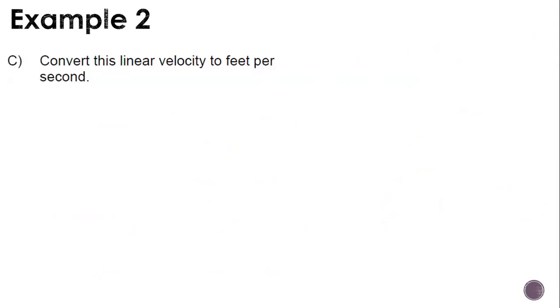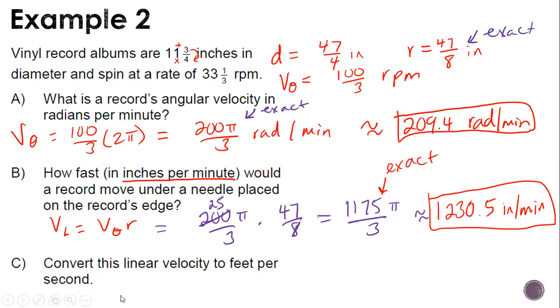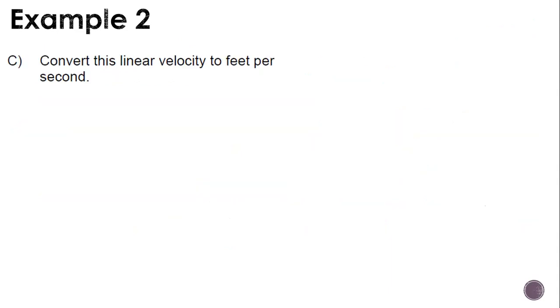All right, so we're going to answer part C, but on the next page. We need the exact value of our linear velocity. We had 1175 pi over 3. And what are our units?